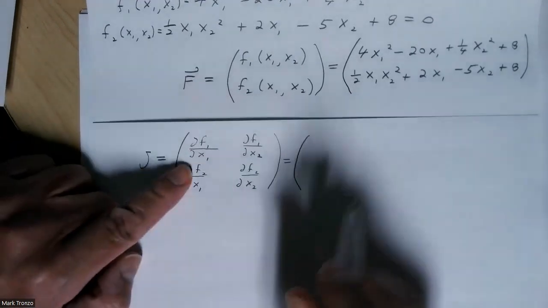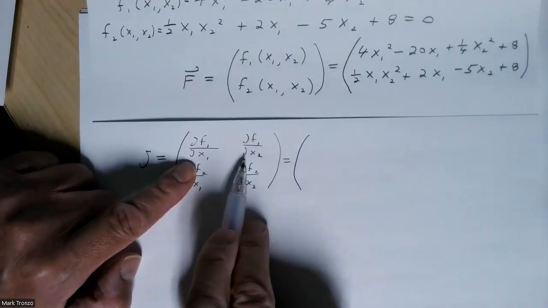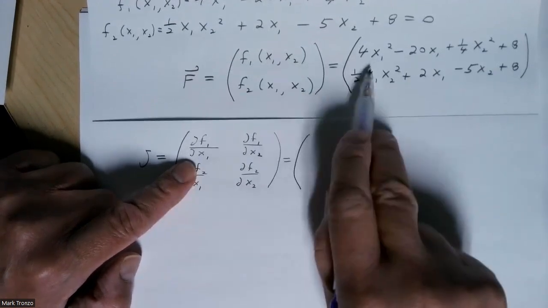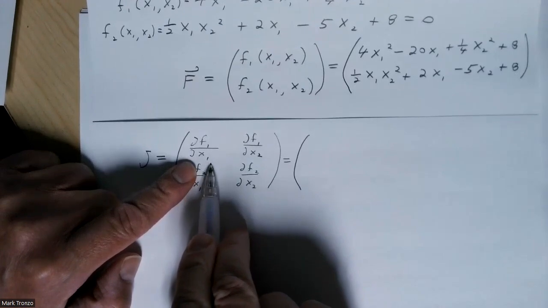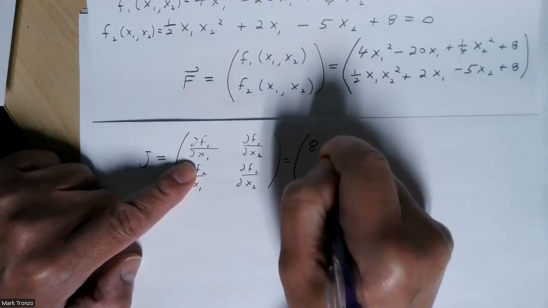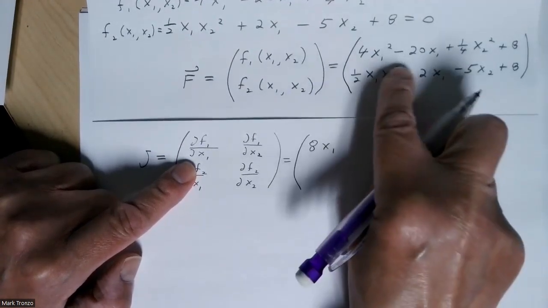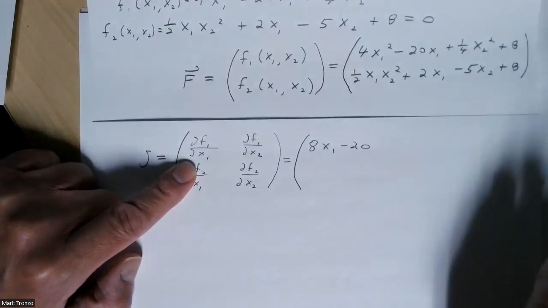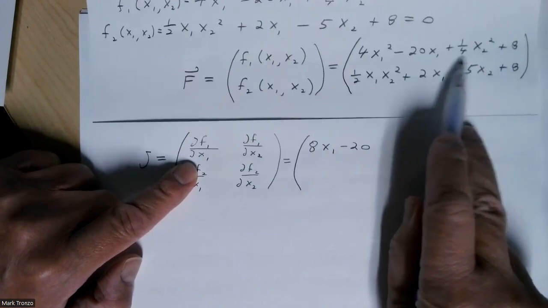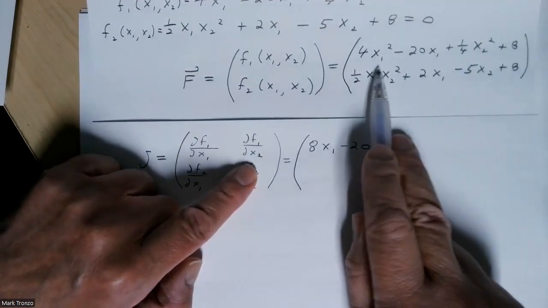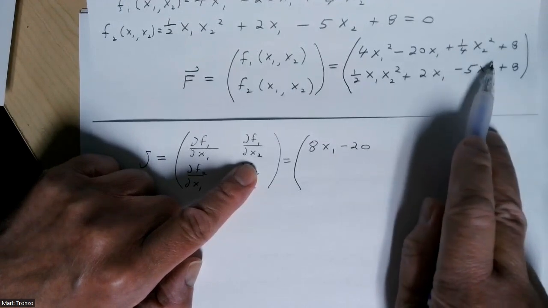Then just go up here and do these actual derivatives. So go back to function 1 and take the derivative of this with respect to x1. If we do this, you can see it's going to be 8x1 minus 20. Now there's no x1 here. That's 0, 0. Then do it again, to this with respect to x2.